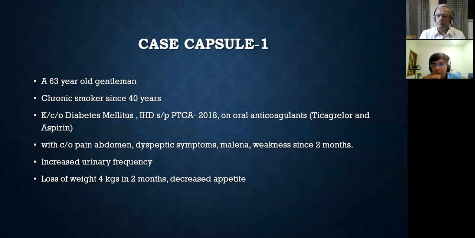He came to the emergency with complaints of pain abdomen, dyspeptic symptoms, melena, and weakness since 2 months. He was also complaining of increased urinary frequency, has lost around 4 kgs of weight in 2 months, and also complains of decreased appetite.